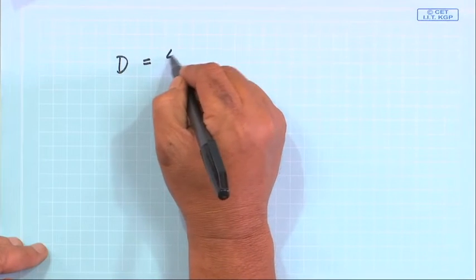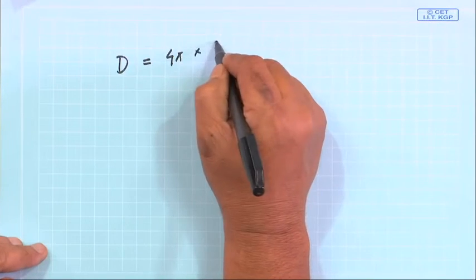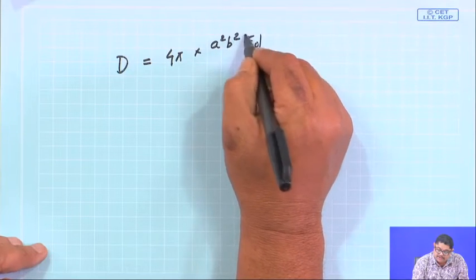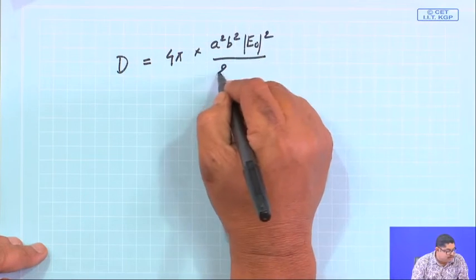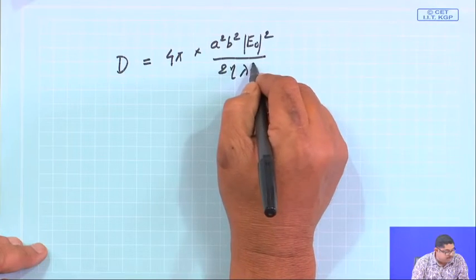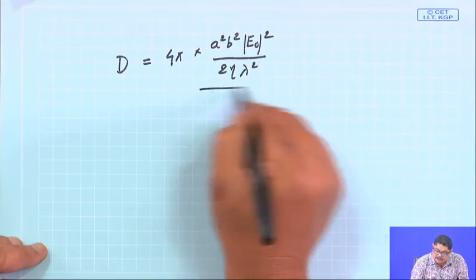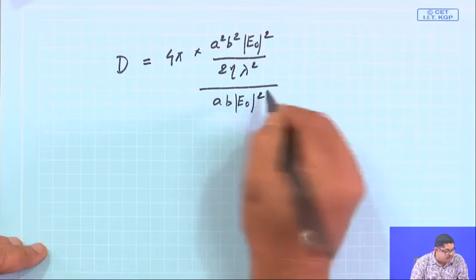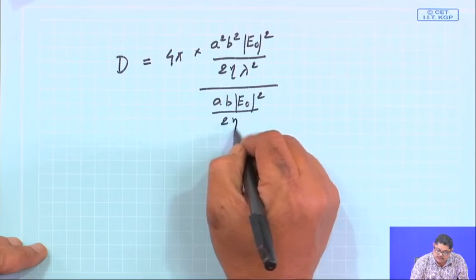So, now I can find the directivity. D will be 4 pi into a square b square E 0 square by 2 eta lambda square, divided by a b E naught square by 2 eta.